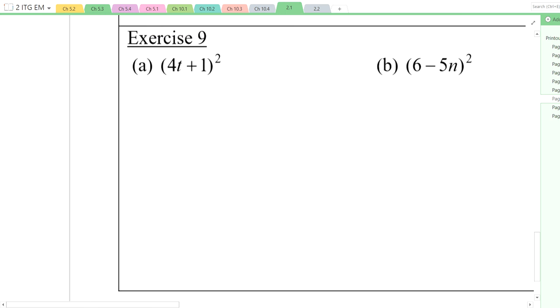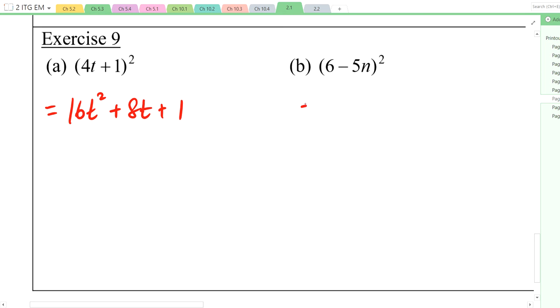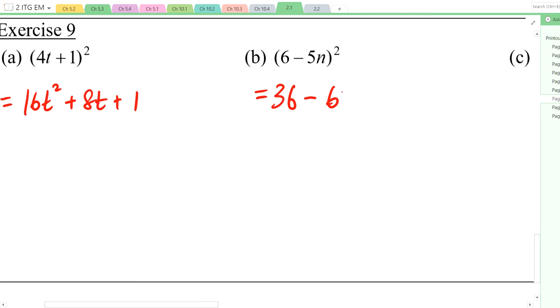4t plus 1 square. Okay, do it immediately. 16t square plus how much? 8t plus 1. Very good. Next, what is the first one? What do I write first? How much? 5n square? No. The first one, 6, right? So we square it, what do we get? 36. Plus or minus? Minus how much? 60n.